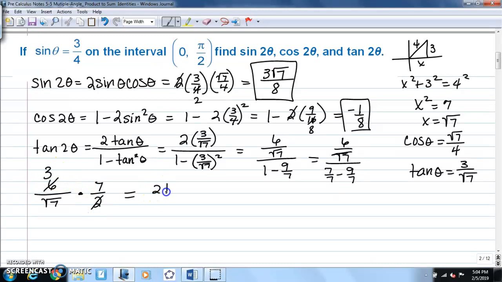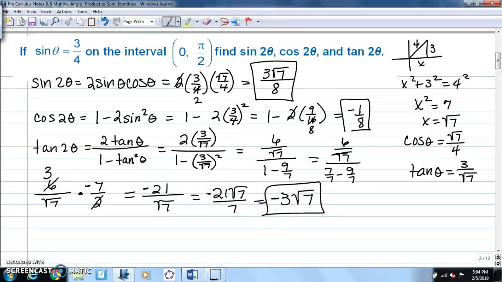And I end up with 21 over the square root of 7. Now I have to rationalize the denominator. So I have 21 square root of 7 over 7. 21 divided by 7 is 3. So I end up with 3 square root of 7. And I think I dropped my negative here somewhere, didn't I? Yep, right here. Negative 2/7. So that's negative 3 square root of 7.